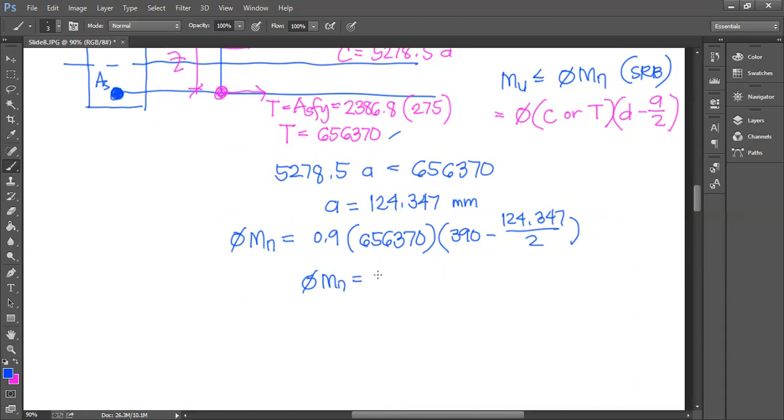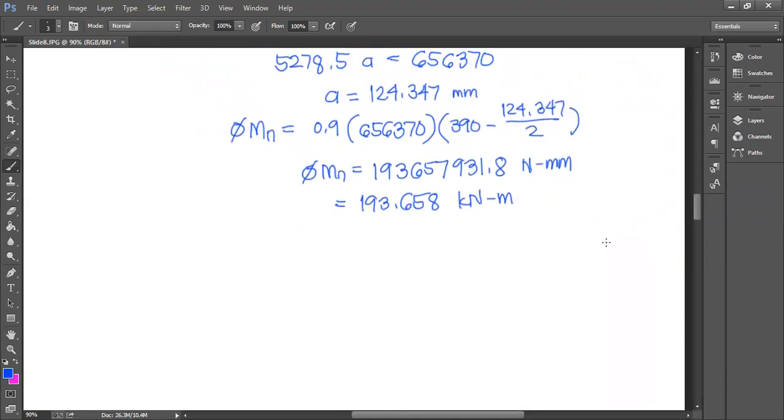So our phi Mn is 193,657,931.8 Newton-mm, or we have 193.658 kilonewton-meter. Now, what can we prove?